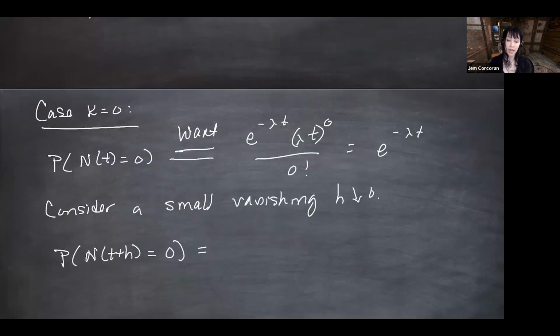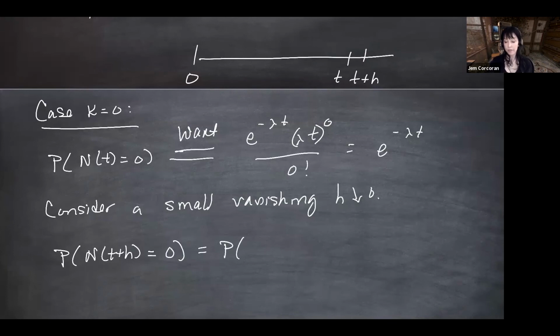So I've got time 0, and I've got a time t plus h, which is just a little bit bigger than my time t. If the number of arrivals at time t plus h is 0, that means the number of arrivals at time t is 0, and the number of arrivals in the next little increment of time is 0. And both of these are 0.